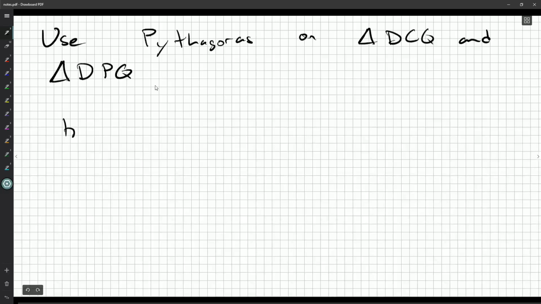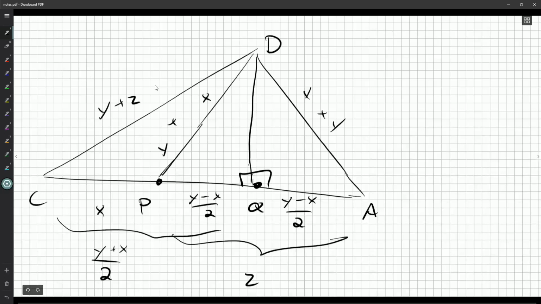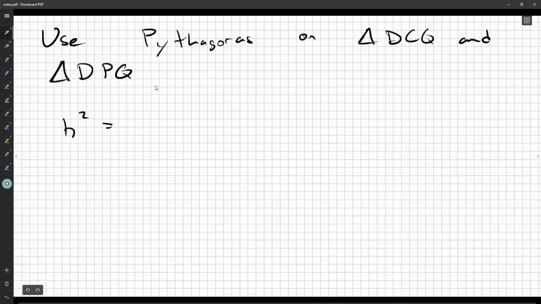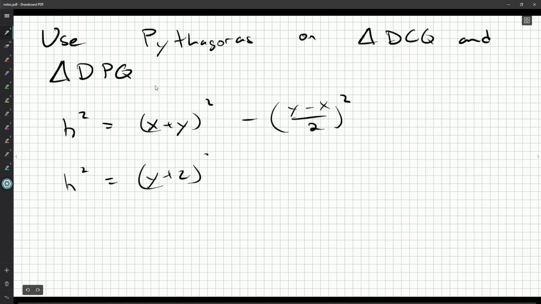So we get h squared, which was that height, we used that in B part, is going to be x plus y squared minus y minus x over 2 squared. It's also going to be y plus z squared minus y plus x over 2 squared. Let's multiply through by 4 on both sides.